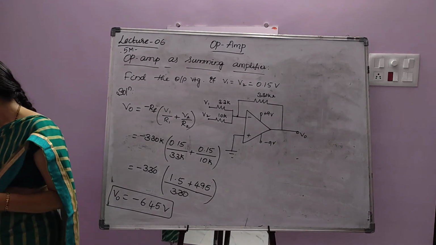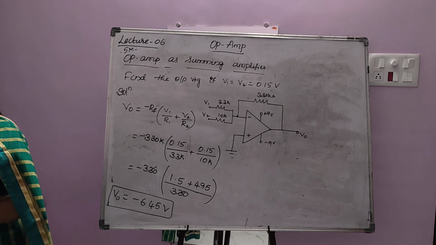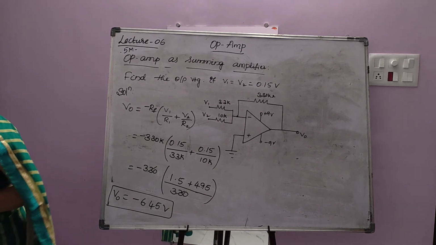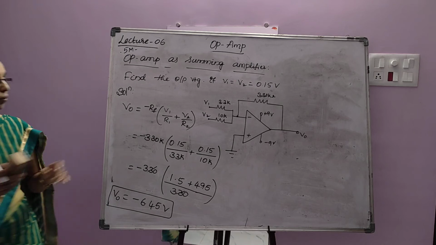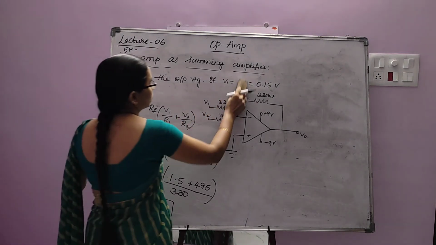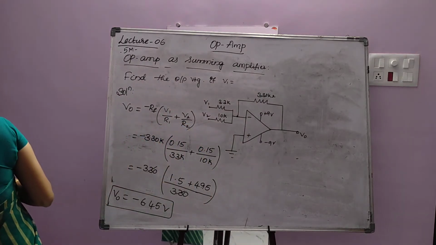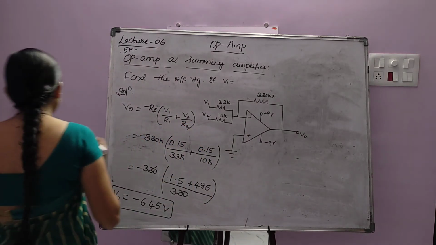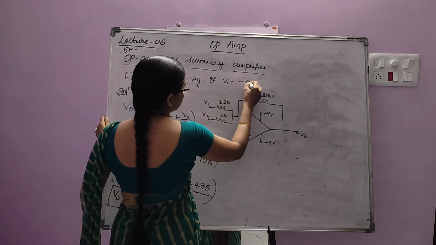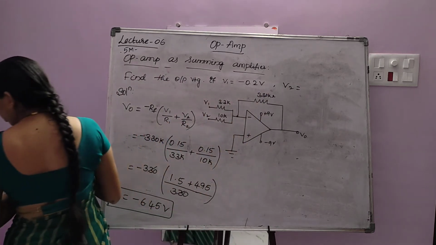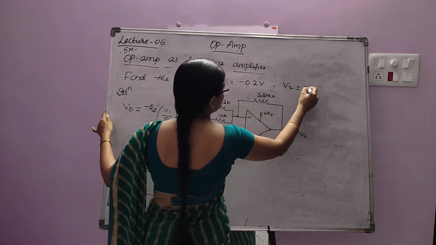Okay. Take another problem. Only thing they have changed, the resistance values remain same. V1 is equal to minus 0.2 volt and V2 is equal to 0.1 volt.